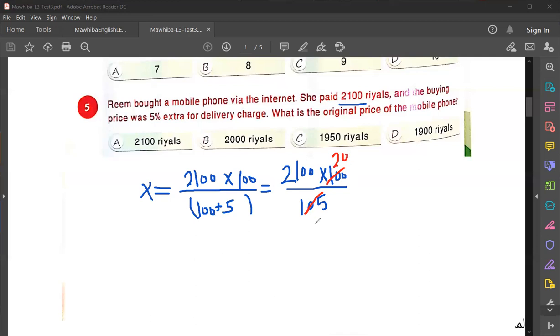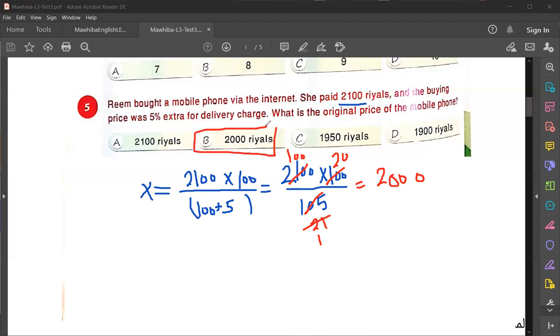And when divided by 5, it is 21. And you simplify 21, it is 1. And here it is 100. So 100 times 20 is 2,000. This is the first way. So the answer is number B.